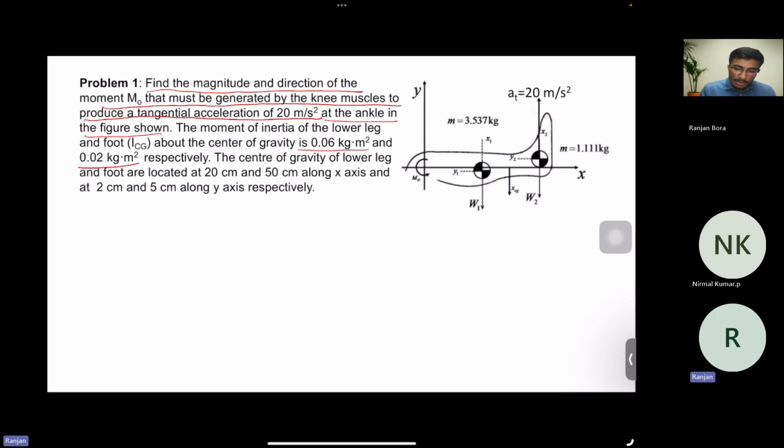So this is the lower leg and this is the foot. The moments of inertia for these two bodies are given. The centers of gravity of the lower leg and foot are located, and the distances of the centers of gravity from the axis of rotation are also given. So how will we solve this problem?